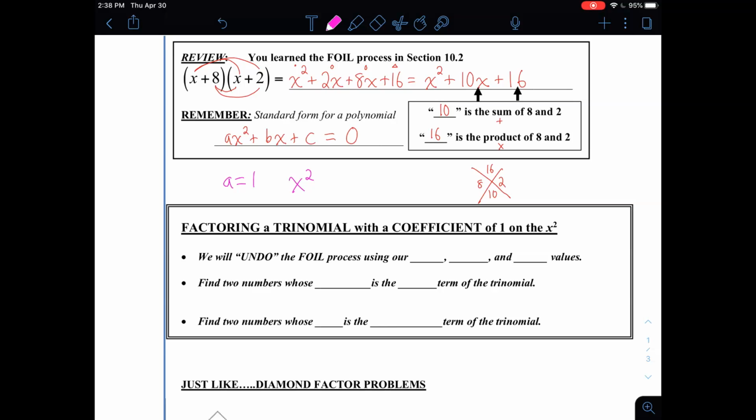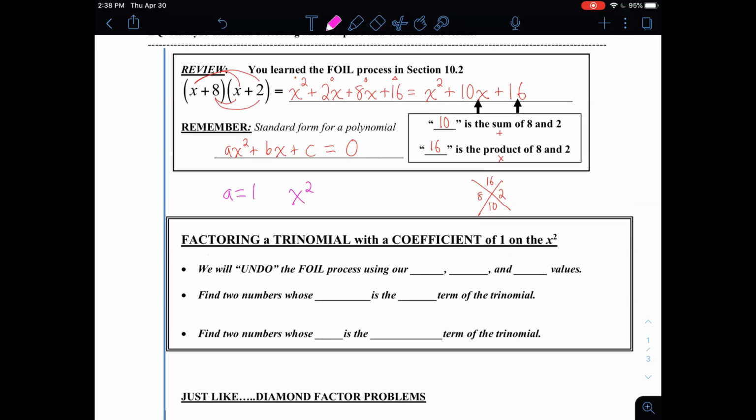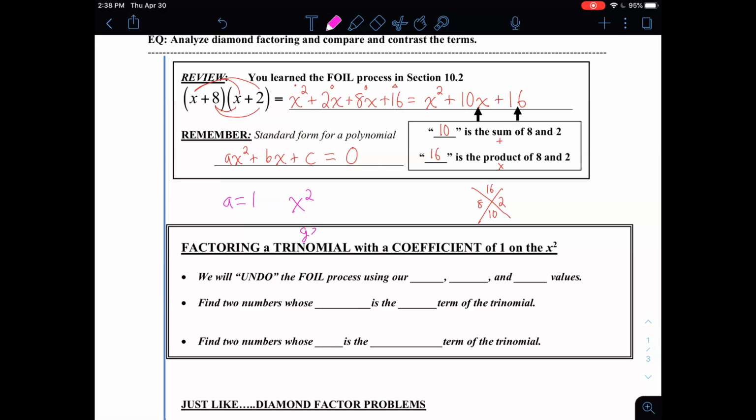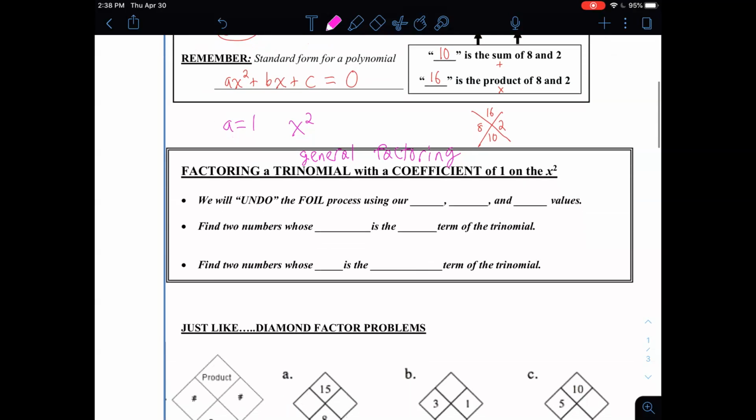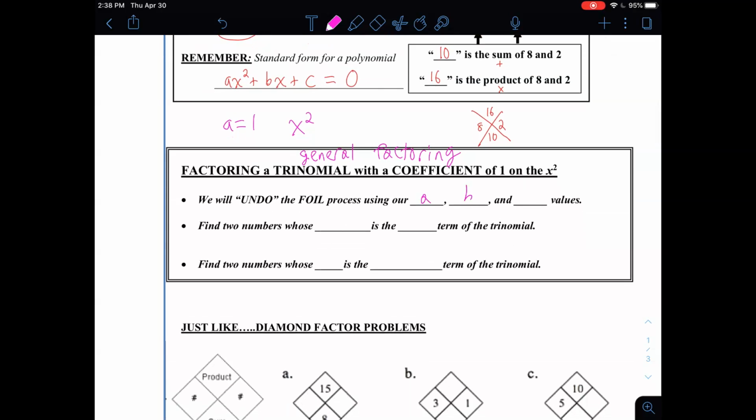So we're going to undo the FOIL process. This is called general factoring. We are going to undo the FOIL process using our A, B, and C. We're going to find two numbers whose product is the last term of the trinomial, and find two numbers whose sum is the middle term of the trinomial.